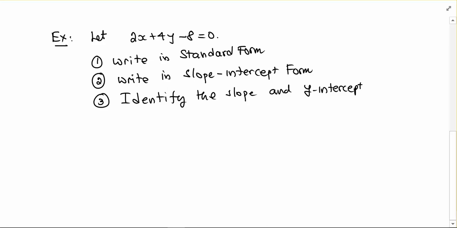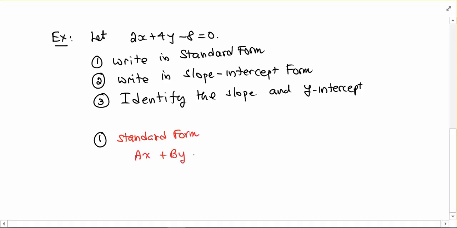Okay, so let's answer these questions. 1. Remember that standard form is ax plus by equals c. So in other words, the x and the y on one side, the number on the other side.